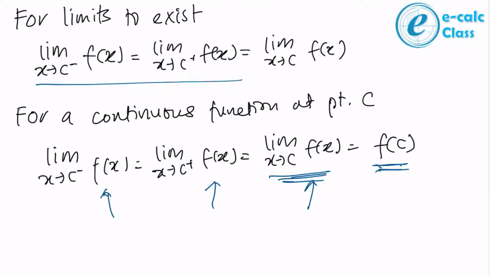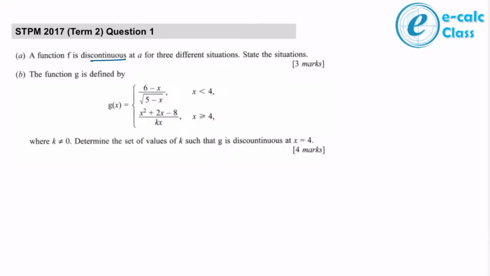Okay, so I think this is just your conceptual theory question. So I'll write A. The concept is actually just the limit at A does not exist.